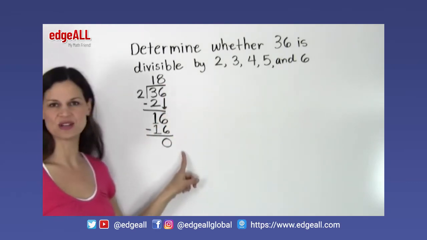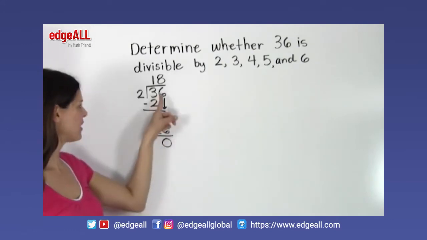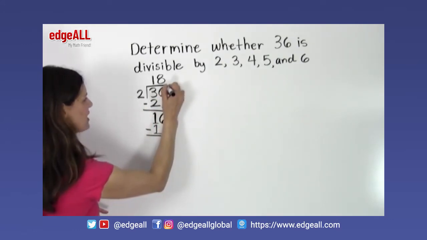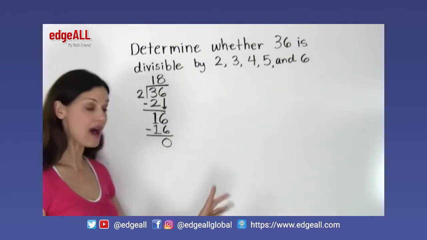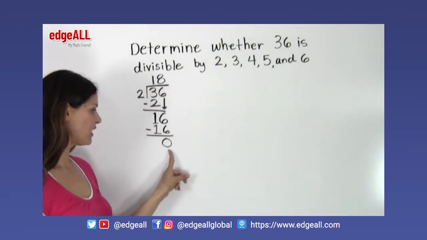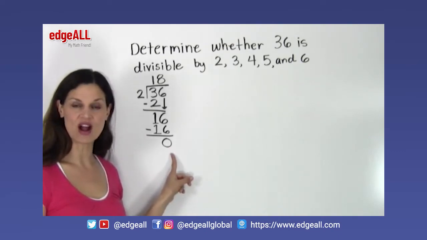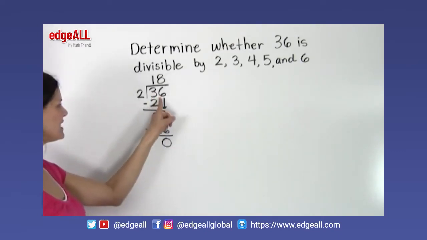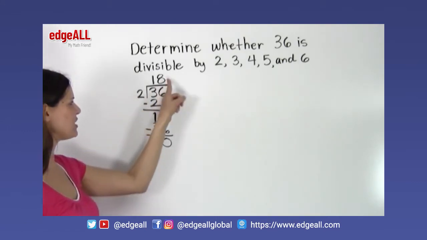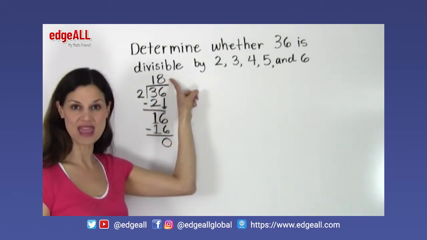There are no more numbers to pull down from the dividend, so I can stop. I can also see that I have no remainder. When this number equals 0, I'm finished and I have no remainder. So 36 divided by 2 equals 18 with no remainder.